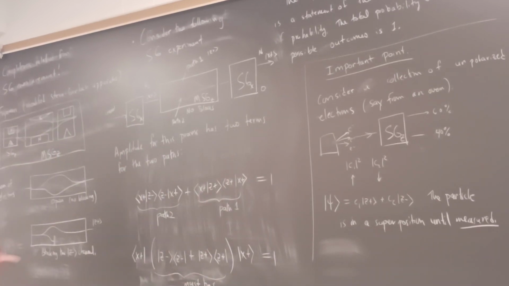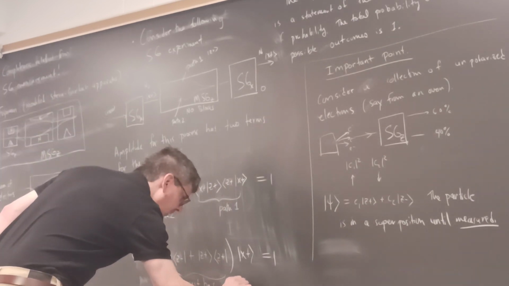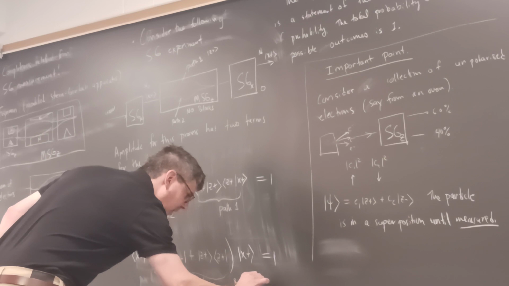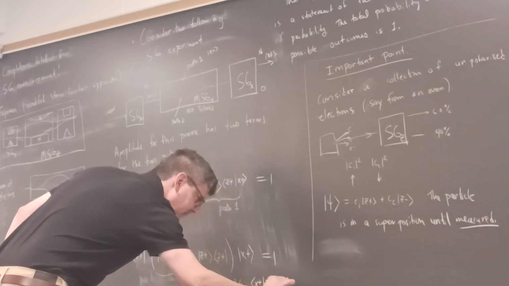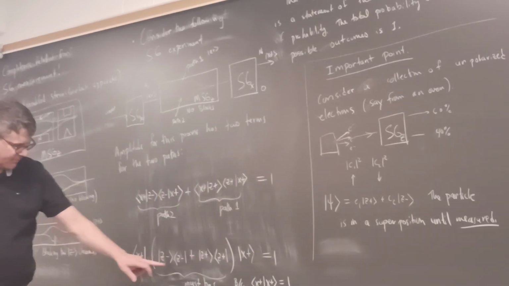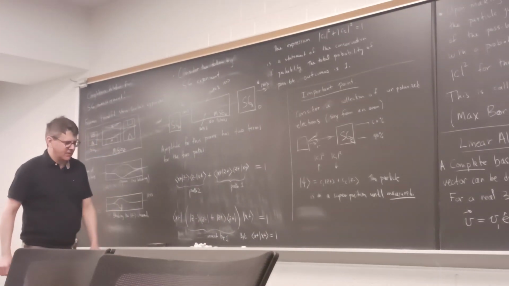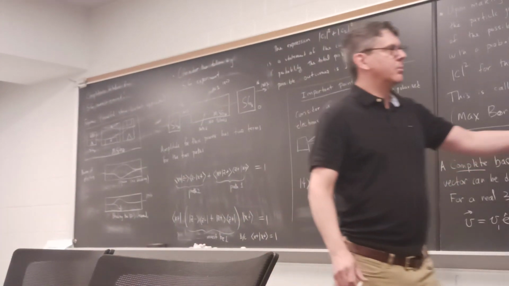Okay, because we know that the inner product of X plus with itself is 1. So in order for this expression to be 1, that means the stuff in here has to be 1. And so we recover the completeness relation.